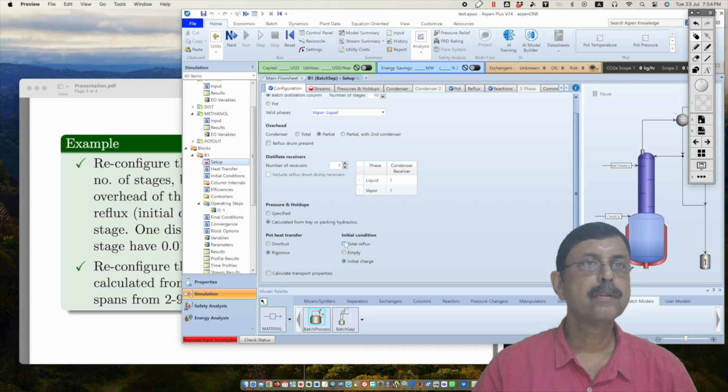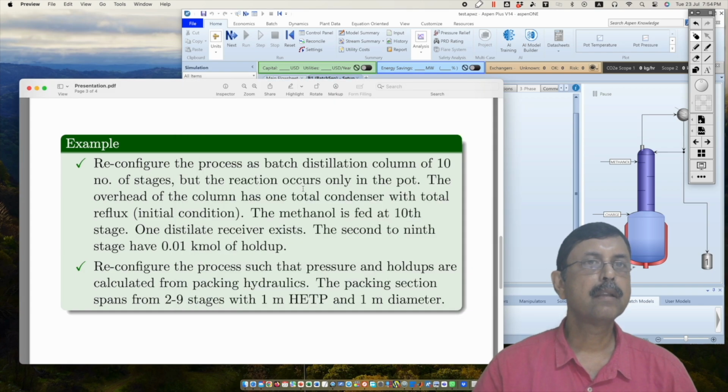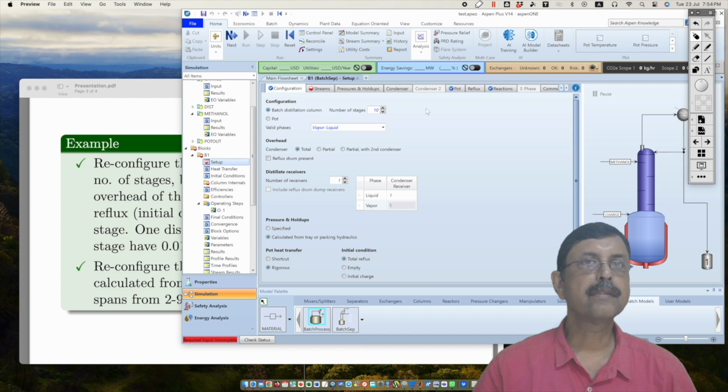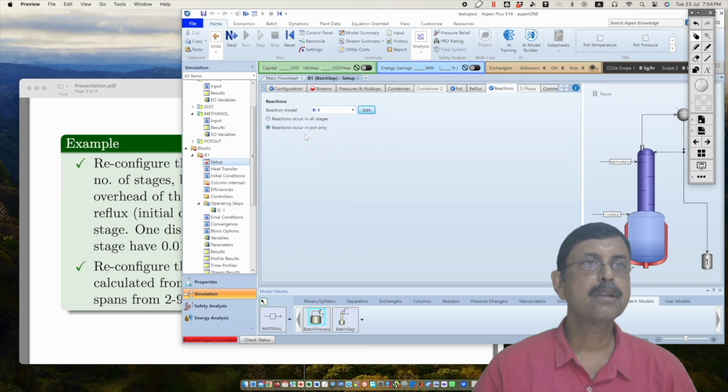So it is total condenser with total reflux, and it has 10 stages, and the reaction occurs only in the pot.